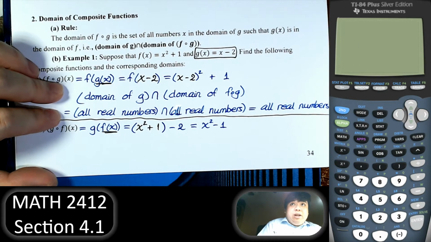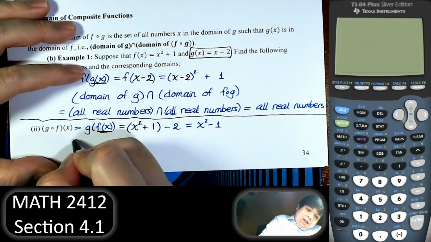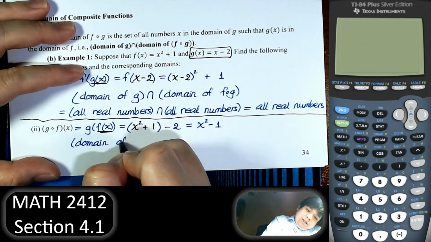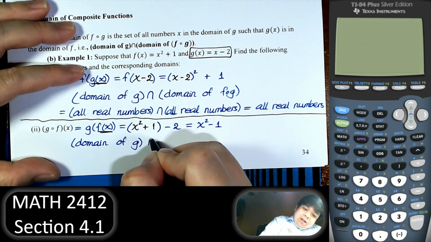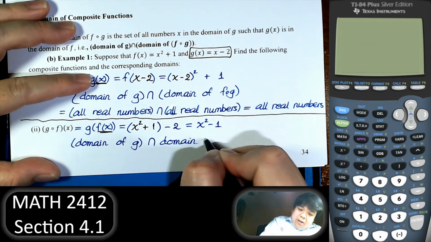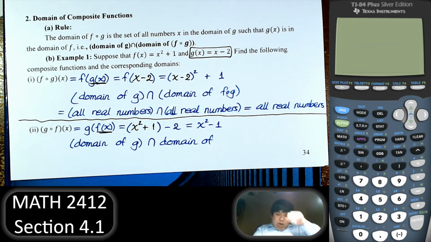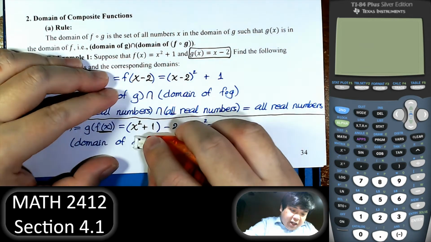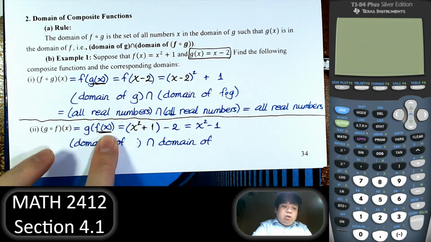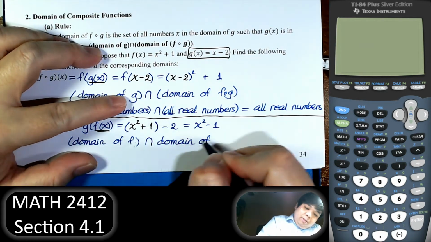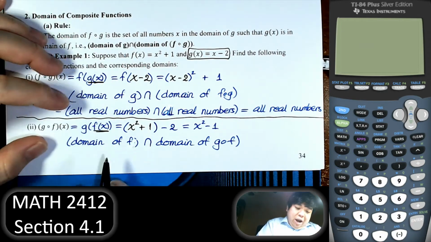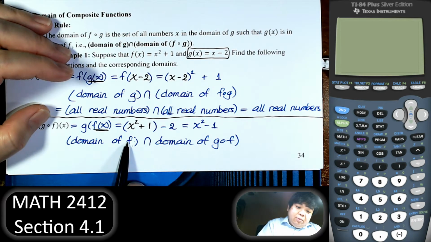And the domain will be the same thing. Domain of g intersect with domain. I should not say domain of g. This is g of f of x. So the domain is not g, but it is the domain of the inner function, or the domain of the second function, and the domain of the composition. The domain of the function f is all real numbers.